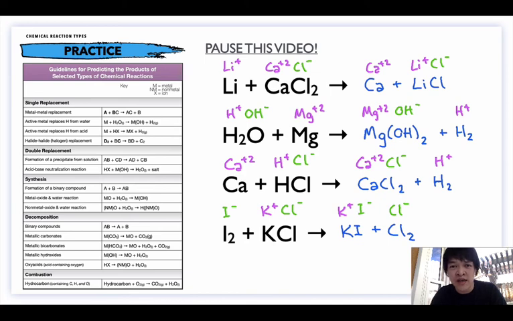Now I've gone ahead and written down all of the ion charges so that you can kind of see how the single replacement worked. And basically here, you just want to check for your products whether you have a diatomic molecule, if it's only one element.